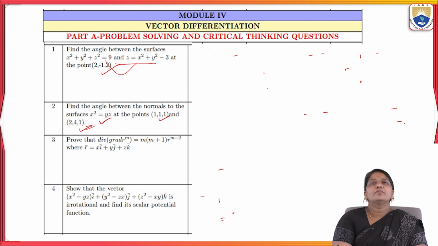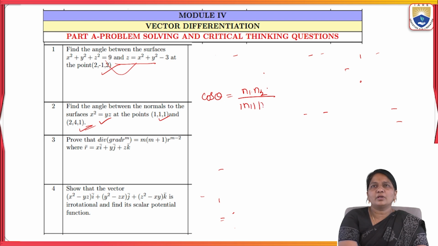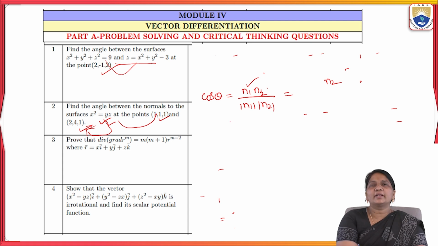That means we know the formula to find the angle, that is cos θ equals n1 dot n2 by the modulus of n1 into the modulus of n2. Here n1 means we calculate the ∇φ value at the first point, and we calculate the same surface value at the second point as n2. That means first we calculate the ∇φ value.